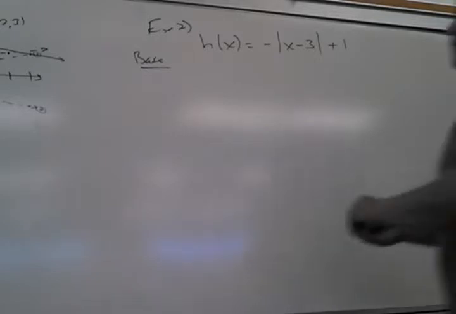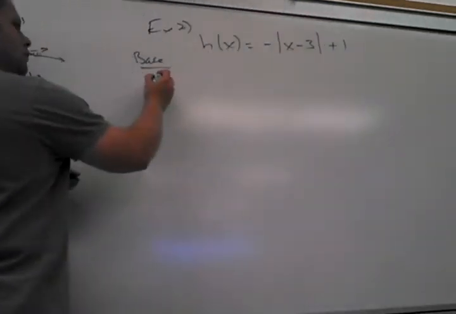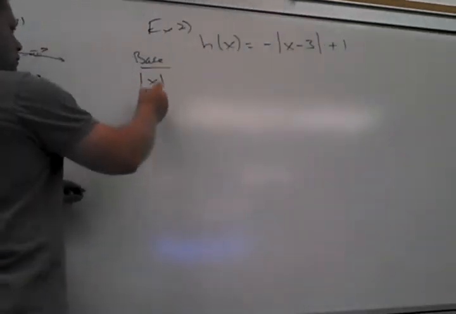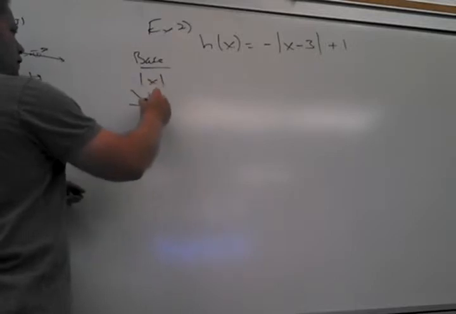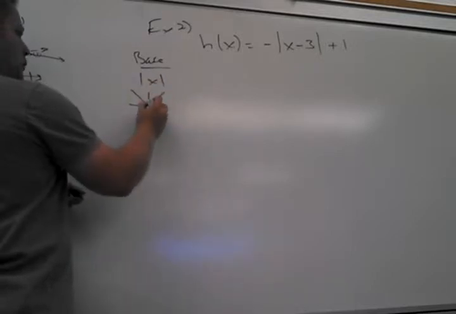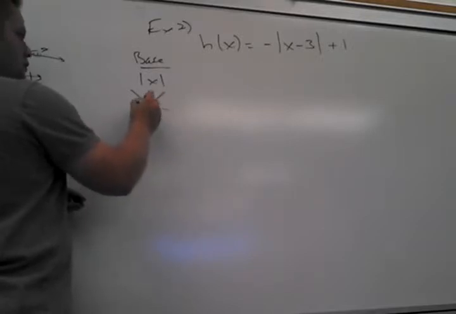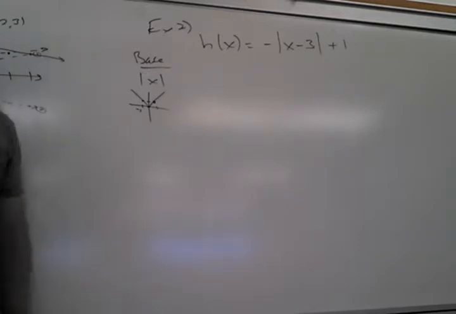Alright, so what's my base function? Absolute value, absolute x. And of course that looks like a V, and your anchor points would be 0, 0, 1, 1, negative 1, 1. So I would try to have 3 anchor points at most, because the shape is known. I don't need more than that, right?